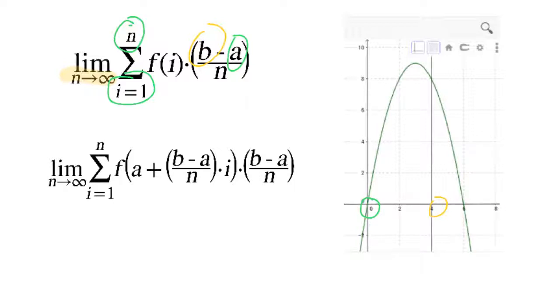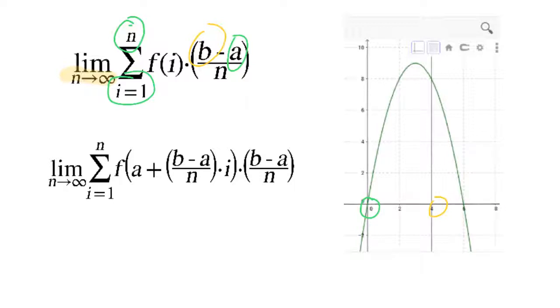Because for this problem, a was equal to 0, it made things really easy. But what if a is not 0? How do I find the first rectangle?